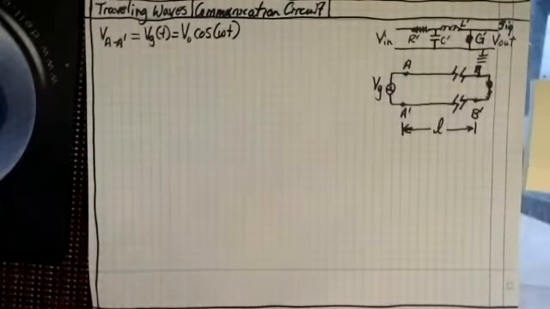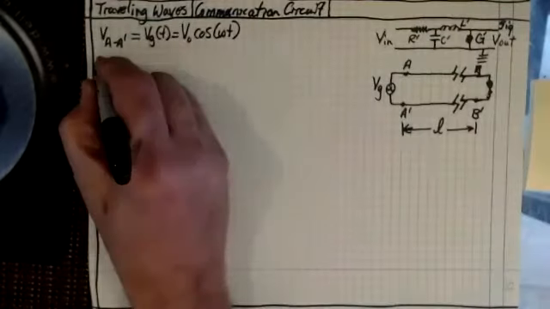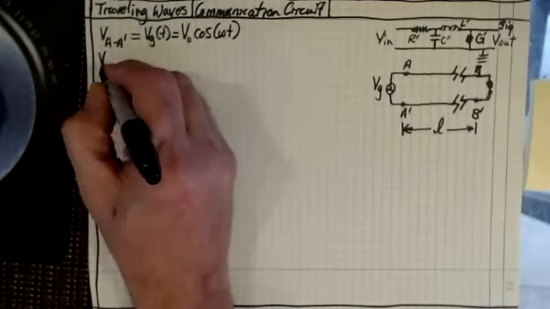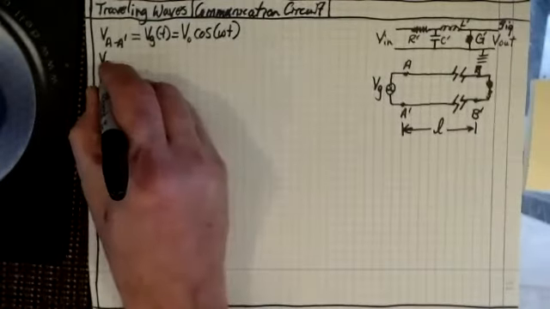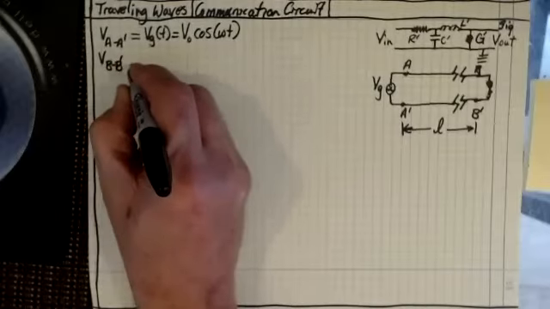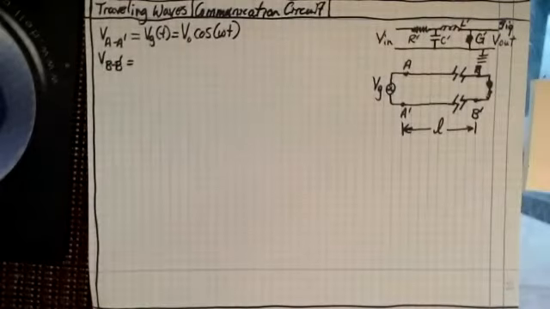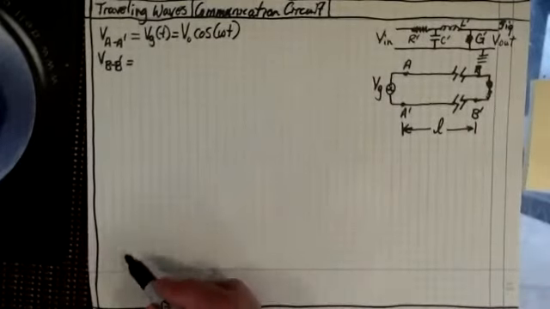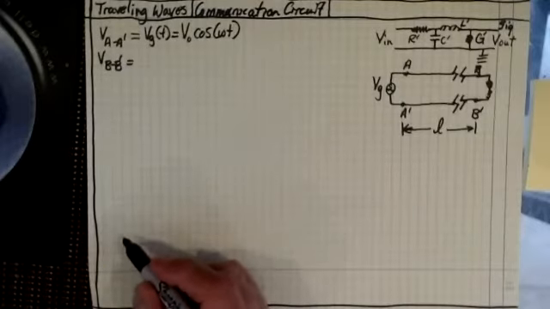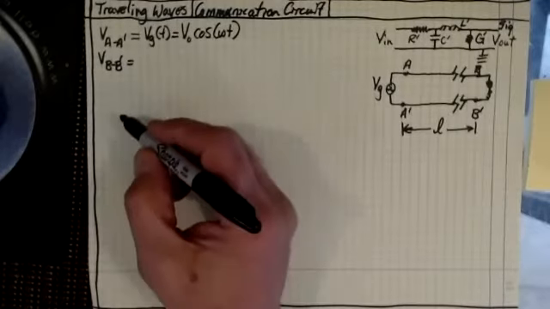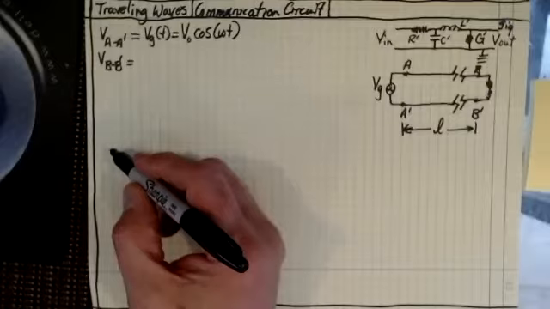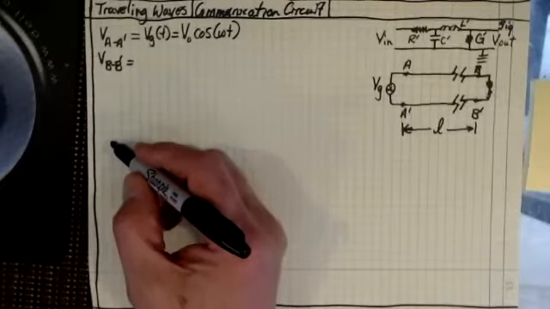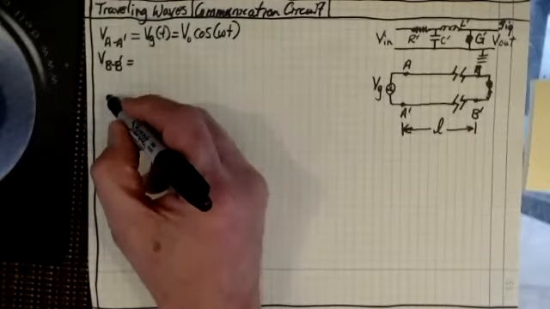And now, before I finish off what my voltage at B prime should be, let's look at the voltage. And actually, let's use some real numbers so that we can see what is going on here. I'm going to draw this down here because I'm going to be referring back to it. I suppose I should draw it more up here. Why don't I draw it up here?